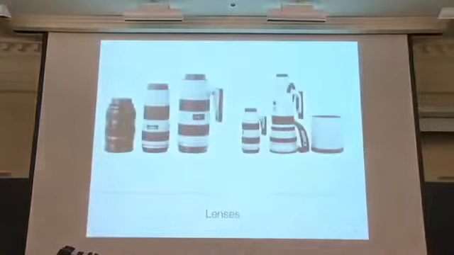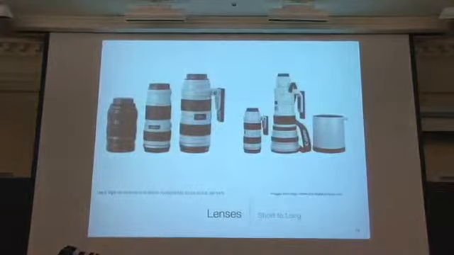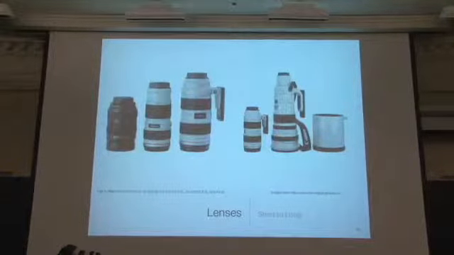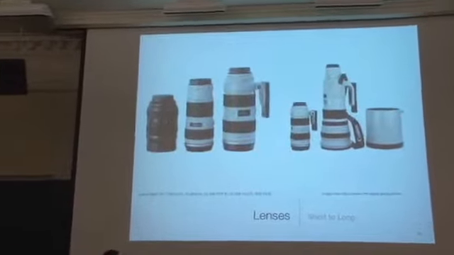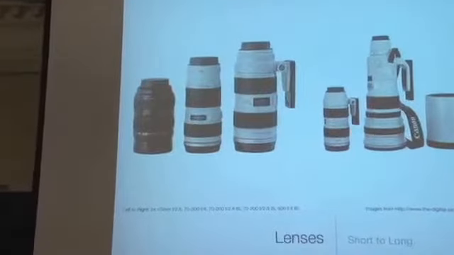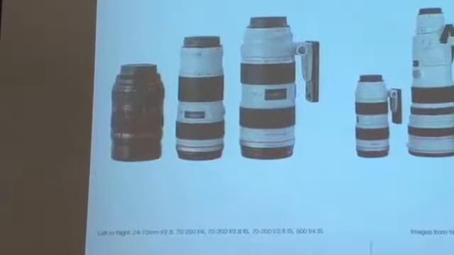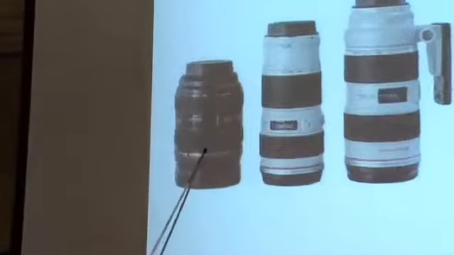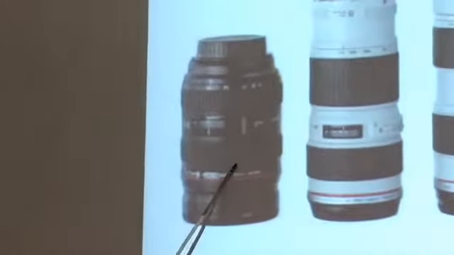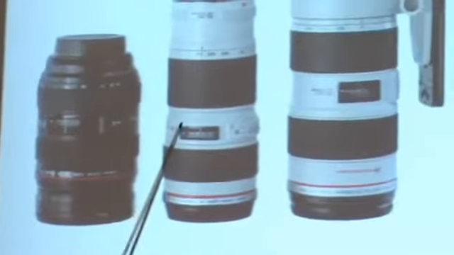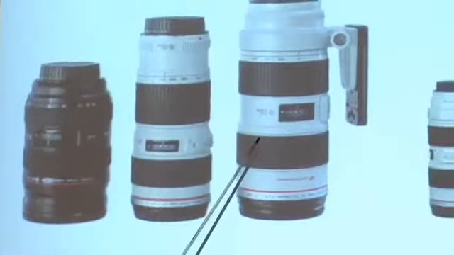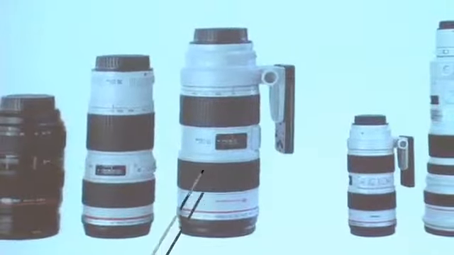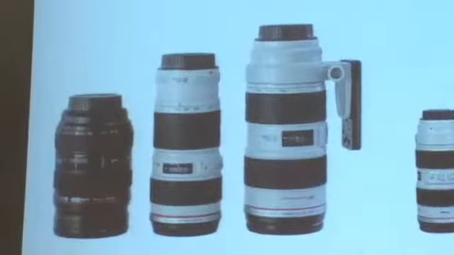So just to give you an example of some of these differences, from left to right on this list of lenses that I have here, we have a 24 to 70 zoom with maximum aperture of f2.8. Then we have a 70 to 200 f4, then a 70 to 200 f2.8. And so you can really tell the difference. Now, yes, it's a little bit longer.